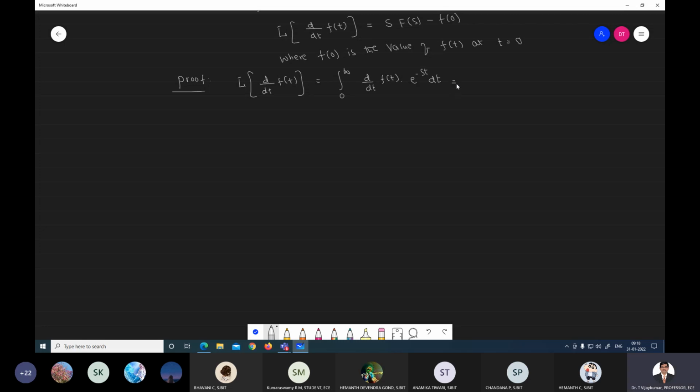You can write this as the integral from 0 to infinity of e to the power of minus st, and the dt cancels here. What is left out here? Only df(t). Left out is d of f(t).